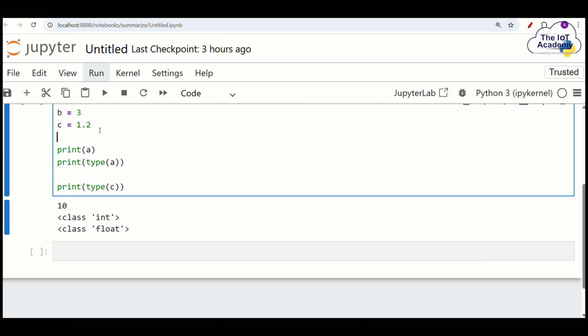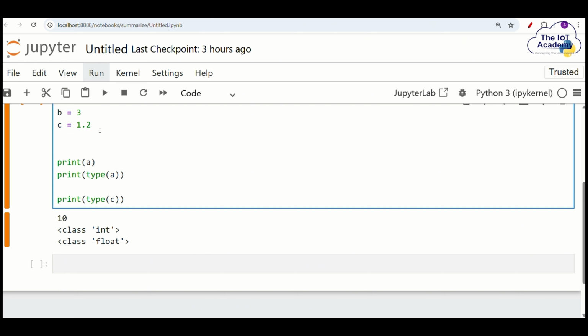Now what if you want to use complex numbers? If you remember from your high school math, a complex number has a real part and an imaginary part. So let's say the real part is 1, and the number is 1 plus 2j.